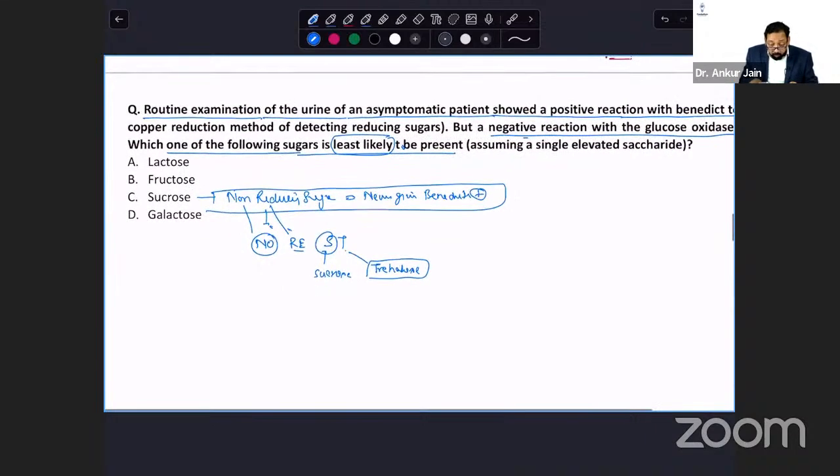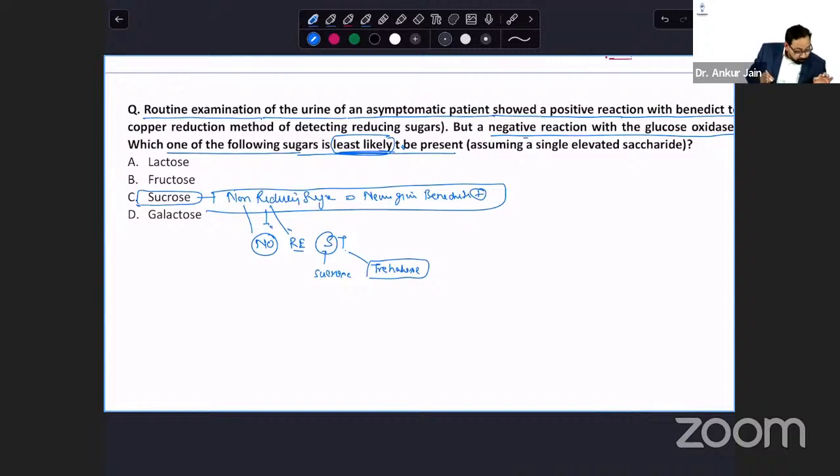So this is a really difficult question. They have not asked about metabolic disorders. They are asking about the Benedict test, which is about non-reducing sugar. Non-reducing sugar is sucrose. It will never give a positive result. They ask least likely to be present, so sucrose.